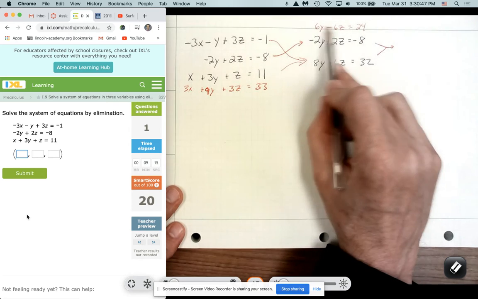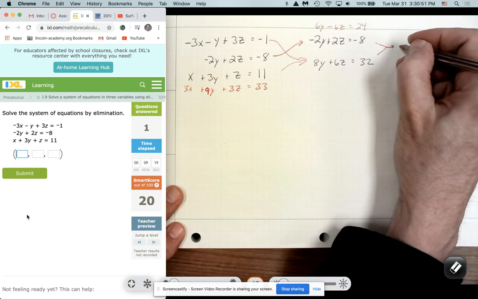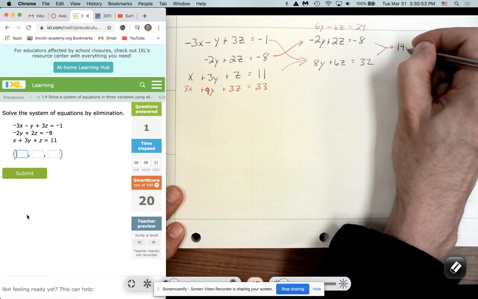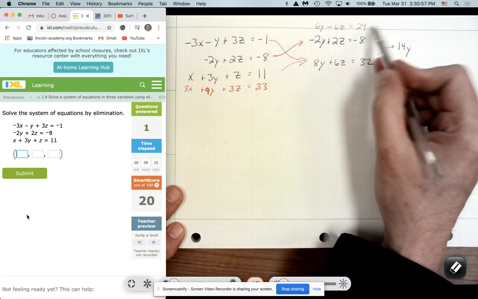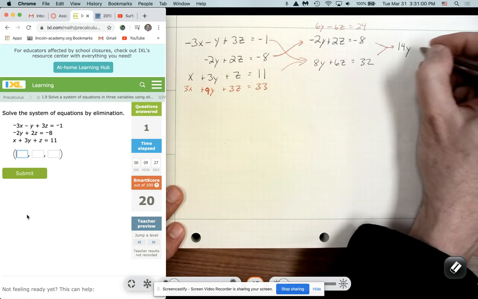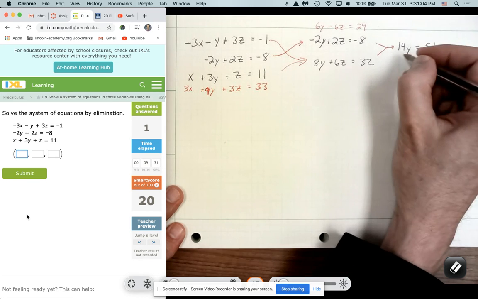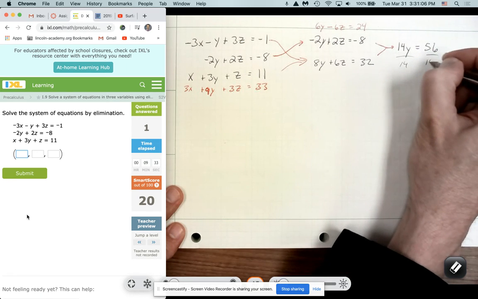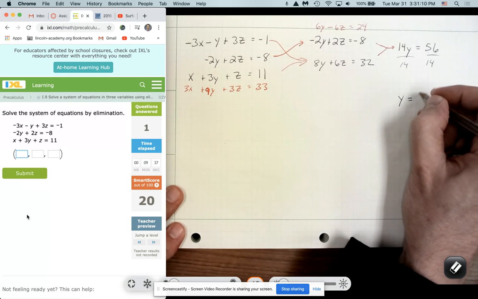So now when I combine that top equation with the bottom one, 6y plus 8y is 14y. The negative 6z and the 6z cancel. 24 plus 32 is going to equal 56. Divide by my 14, and I find out my y value, I believe, is 4.